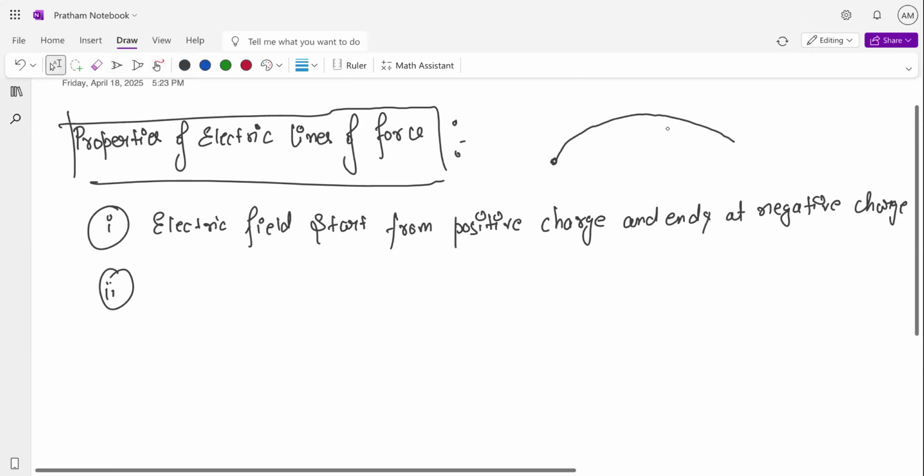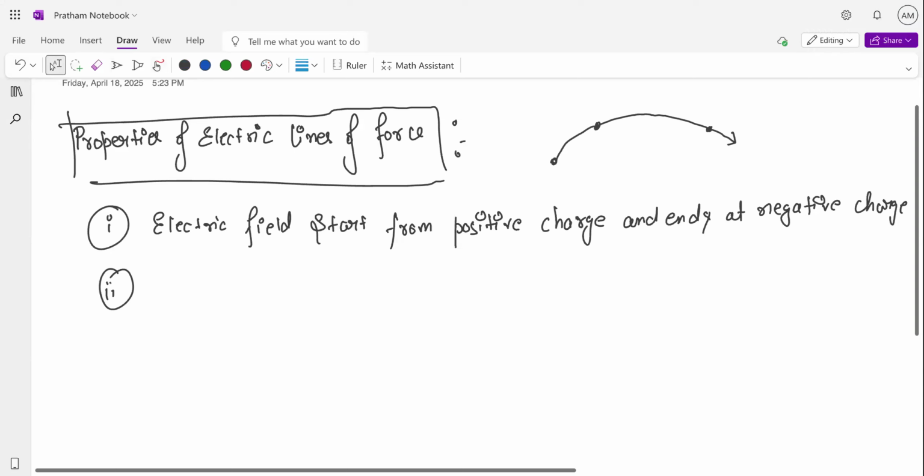You know electric field is going towards the negative charge this way. But if I ask you what is the direction particularly at this point, and particularly at that point, how will you decide the direction?